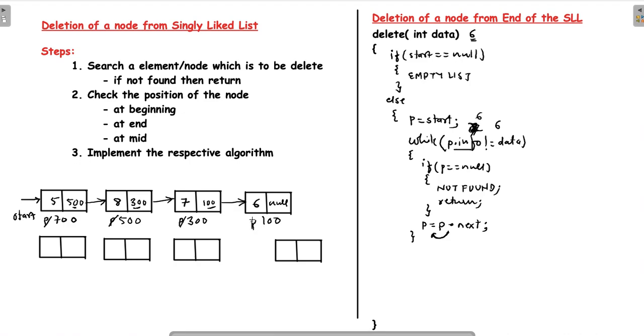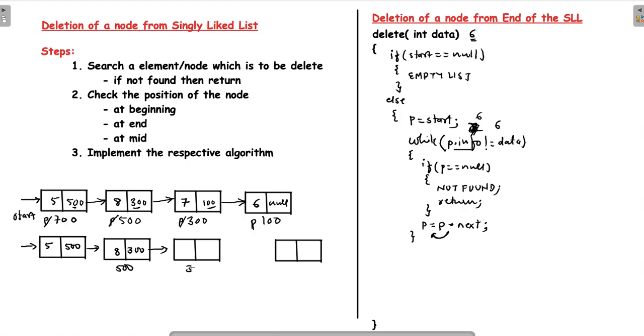So you have successfully found the node which is containing the 6, and you pointed to it with p. Okay, now whenever you delete the element which is at the end of the list, what will happen? The previous node will become the last node after deletion of the last node. So the new list will look like this. This will be 500. Okay, so this will be your 500. 8 pointing to 300.